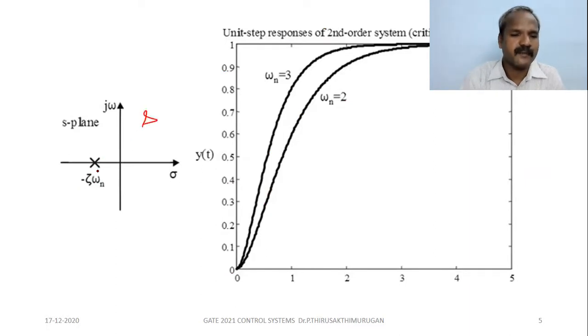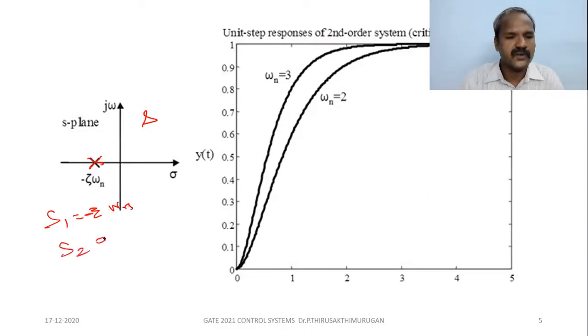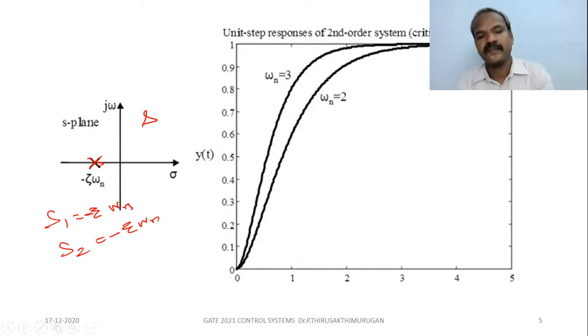There are two poles at the same point: s1 equal to minus zeta omega n, and s2 also minus zeta omega n. So the poles are in the left half of the s plane, at this junction. So this is the critically damped system.